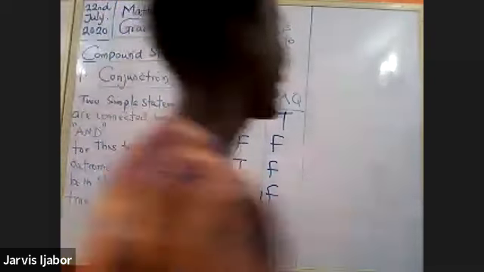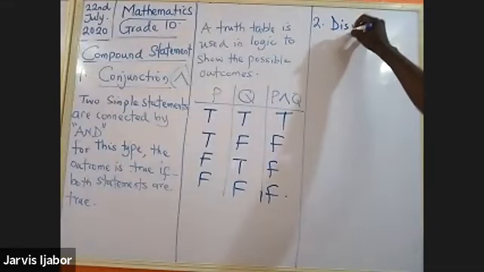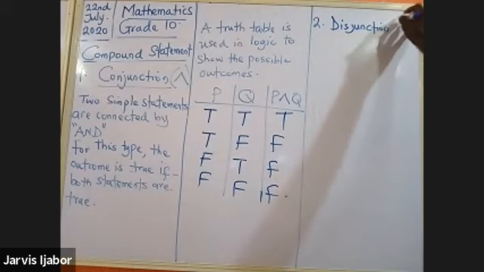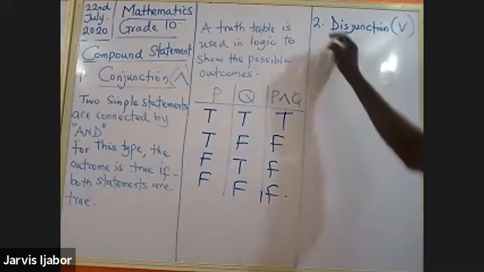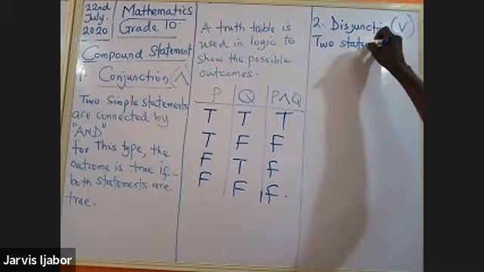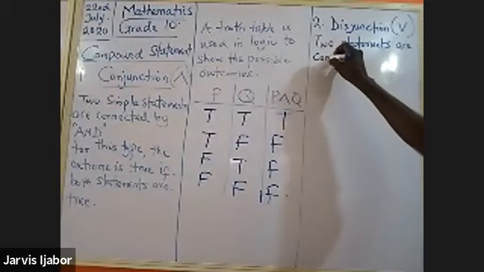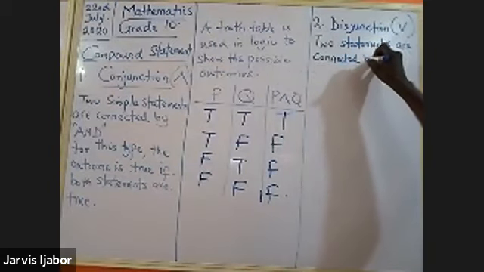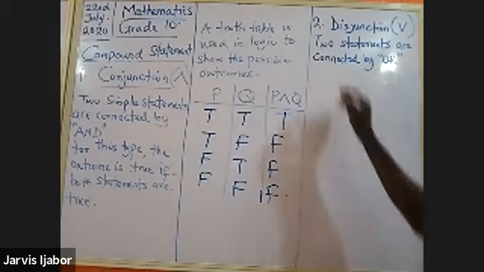After taking care of that, let's come to number 2, which is called disjunction. Two statements are connected by what? Or. In disjunction, two statements are connected by or.